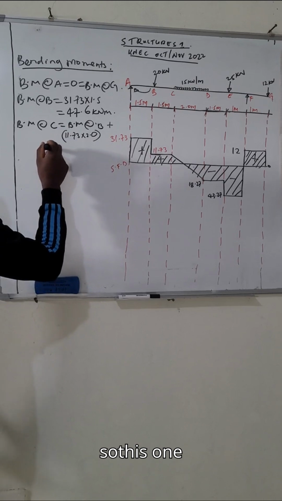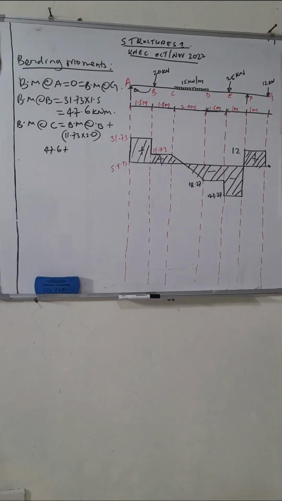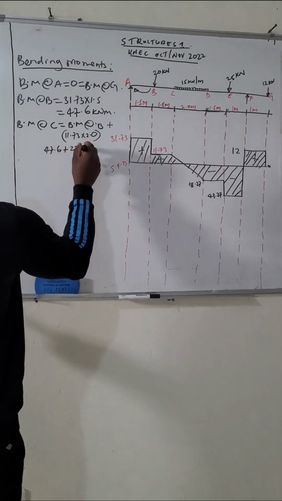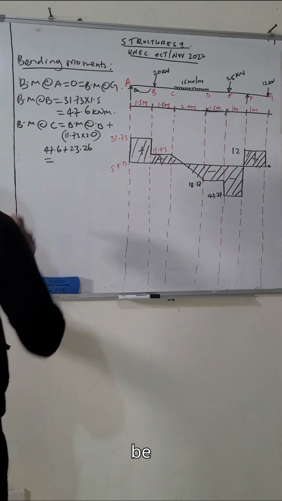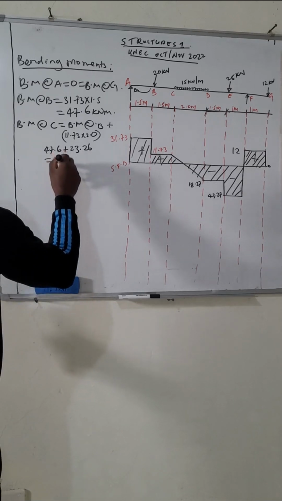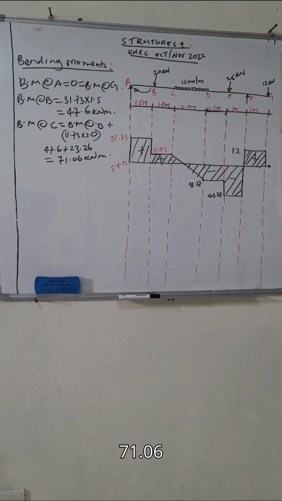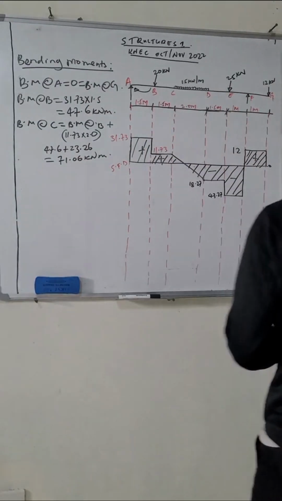This will be 47.6 plus 11.73 times 2, that is 23.46, so this will be 71.06 kilonewton meter.